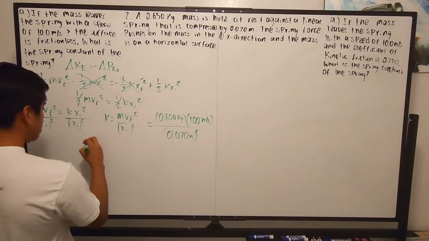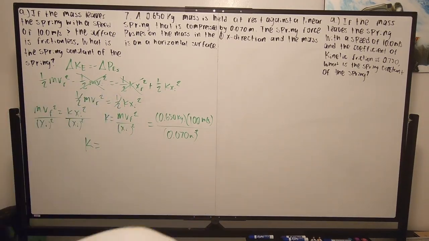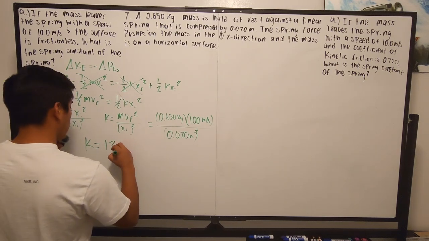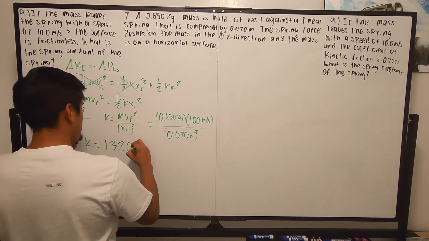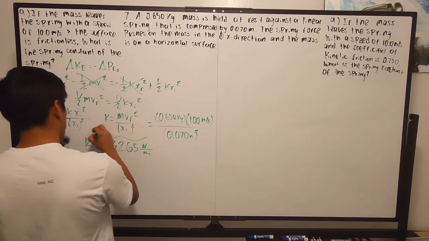And once you plug that into the calculator, once you round, I got a spring constant of 13,265 newtons per meter.